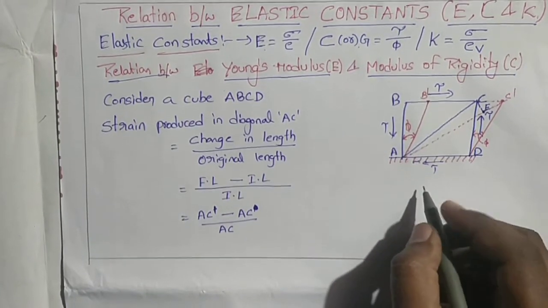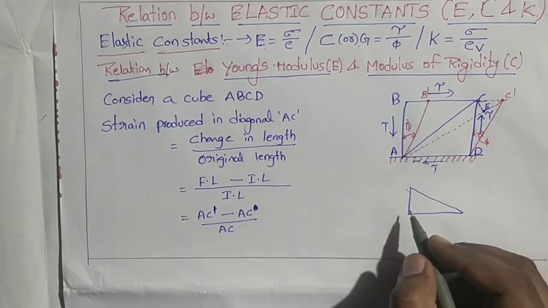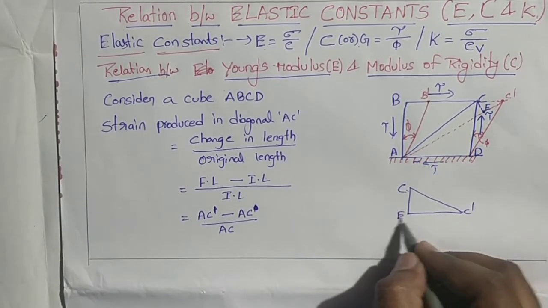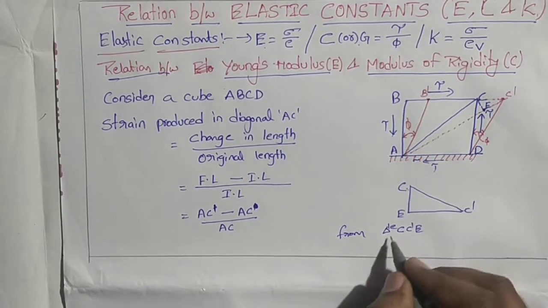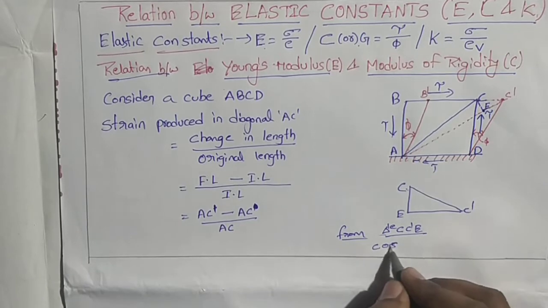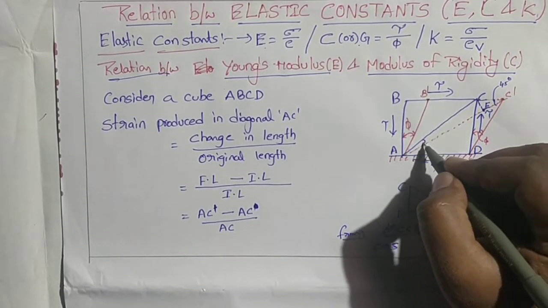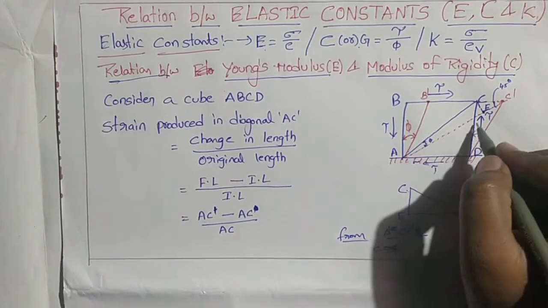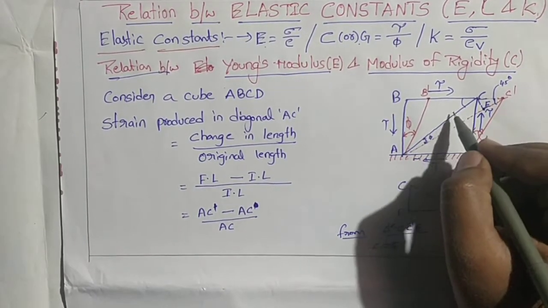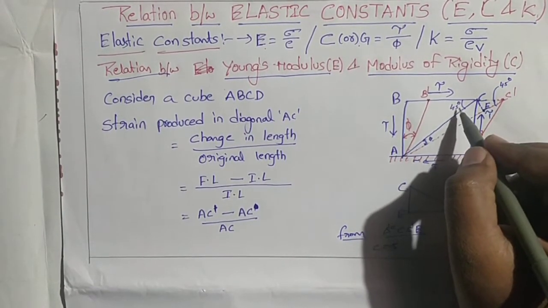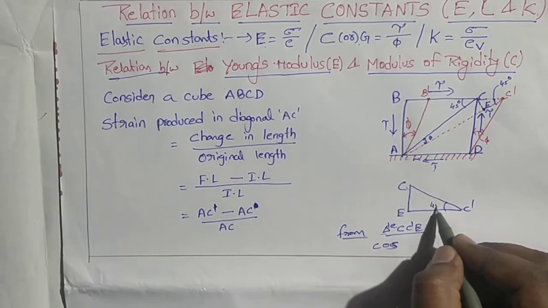From triangle C dash E C, the angle is 45 degrees, because only a small angle is produced. Here AC equals AE, since the angle is negligible. The cube's diagonal has an angle of 45 degrees, so the same angle appears in this smaller triangle.